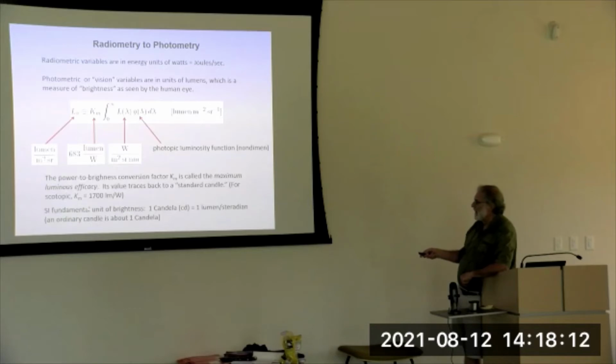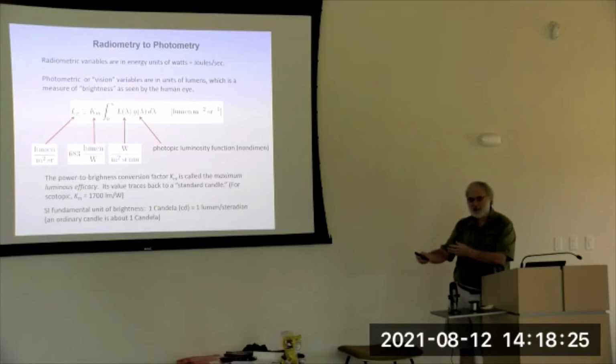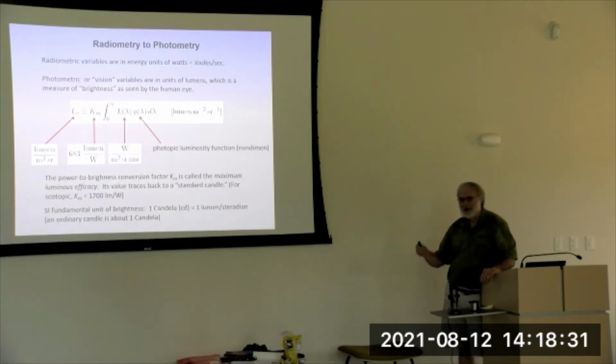There's another unit you'll run into in the SI system called the candela, and that's a lumen per steradian. Just keep in mind that 1 candela is about what you're looking at from a meter away when you look at a candle. The name came from what they used to call a standard candle.